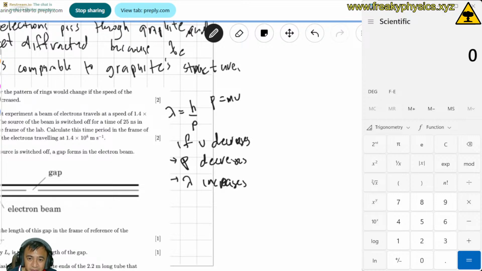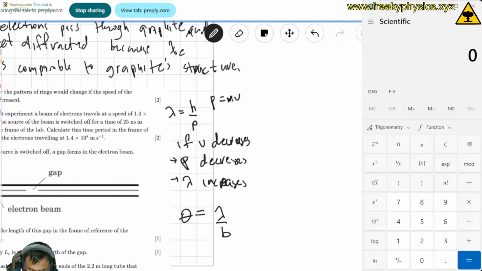So if we go into diffraction, now we will use this formula, theta equals lambda over b, where b is the width of the slit.